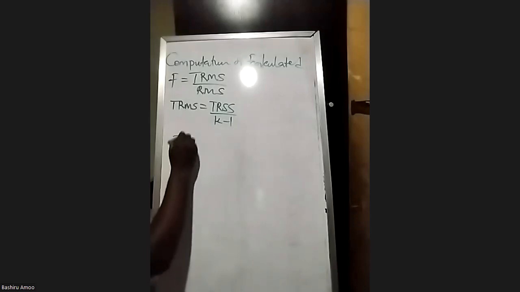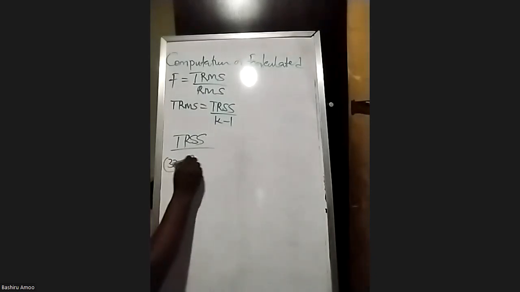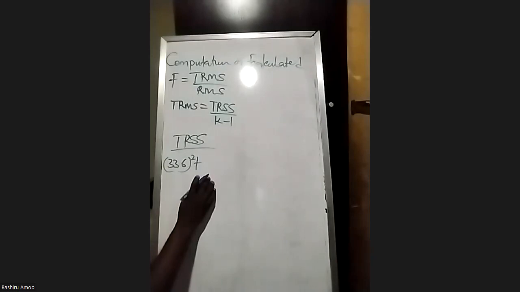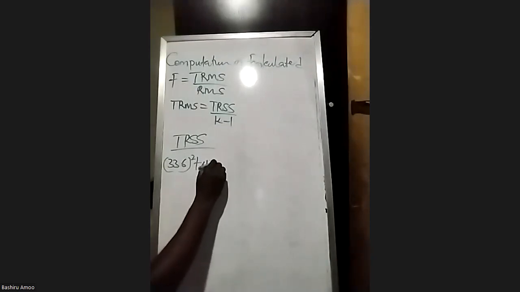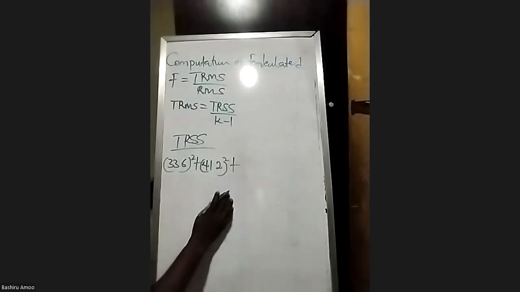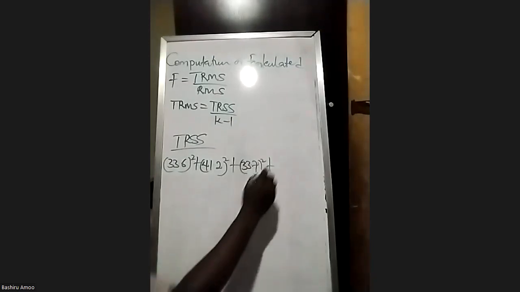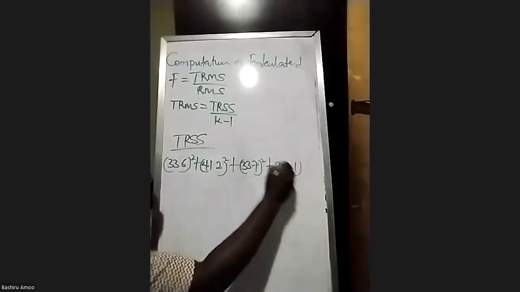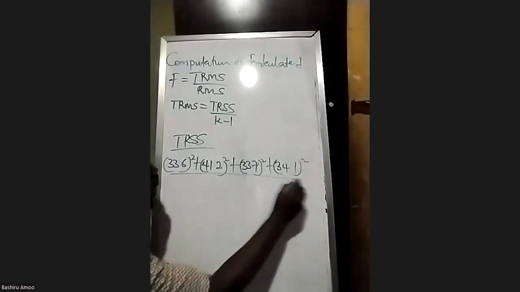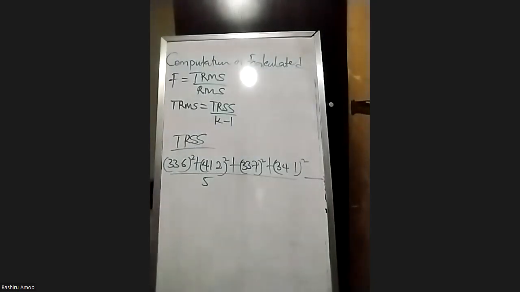So let's say treatment sum of square: we have 33.6 squared plus 41.2 squared plus 33.7 squared plus 34.1 squared, all over 5, minus correcting factor.